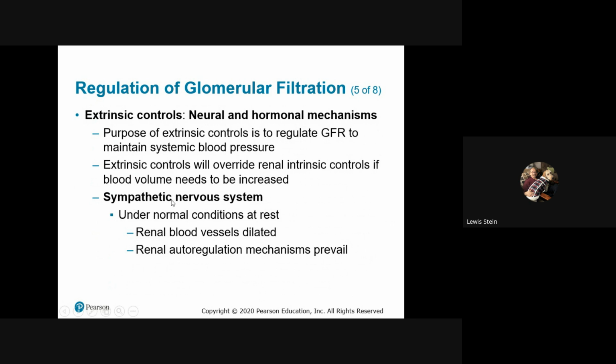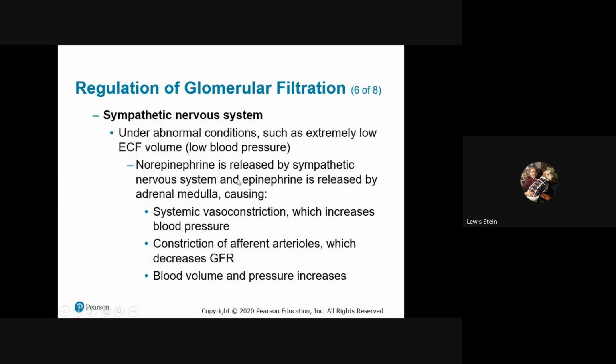Sympathetic nervous system. The kidneys have no parasympathetic because it's all blood vessels. The parasympathetic won't slow it down or speed it up. The sympathetic nervous system, that's fight or flight, is going to restrict blood flow and lessen or close down other than the minimum needed to maintain viability. So under normal conditions, the blood vessels are fine, autoregulation prevails.